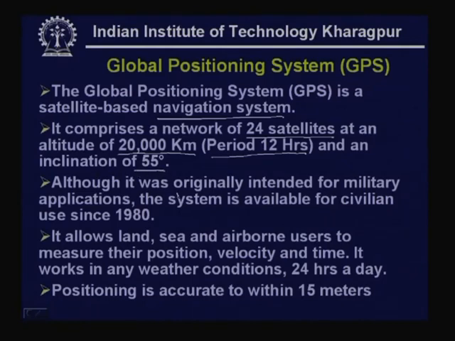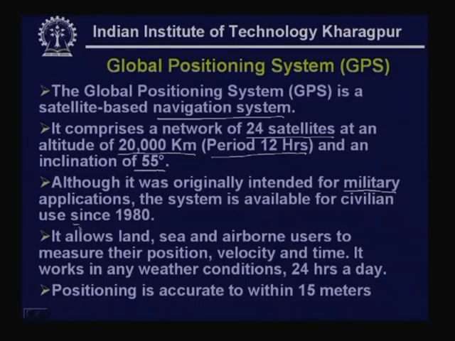So, this was originally intended for military applications. That means, this particular satellite system was developed by the Department of Defense of USA, and the original plan was to use it primarily for military applications, but in the year 1990 they changed their policy and it was made available for civilian use.